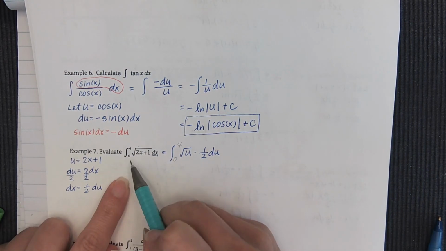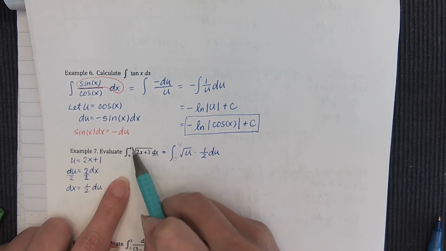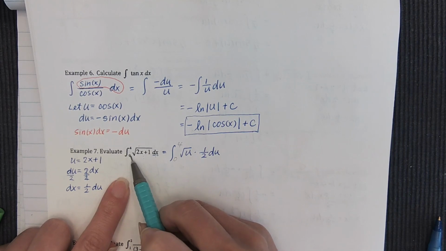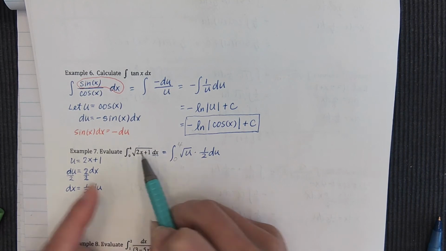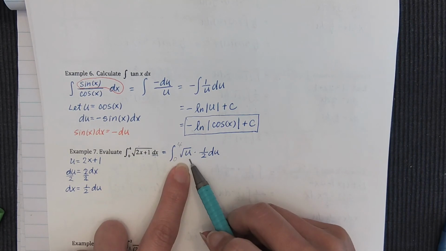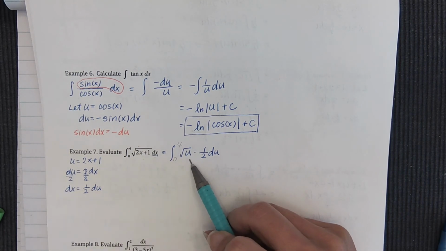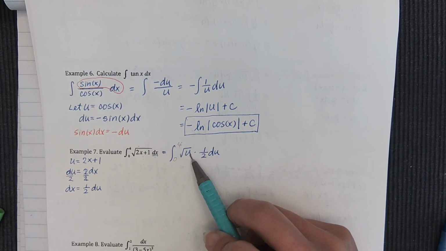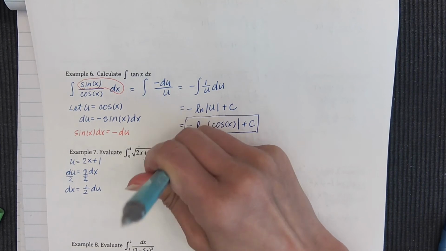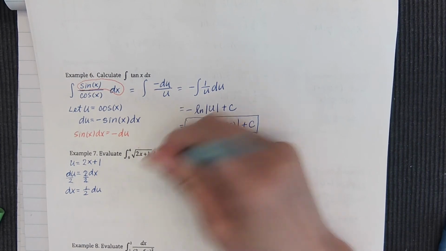This 0 to 4, which variable is it based on? It's with respect to x. Now I have the variable u. That's not right, because this is talking about the x value, and now we are talking about the u value. That's why 0 to 4 is not working here. So don't put the 0 to 4.